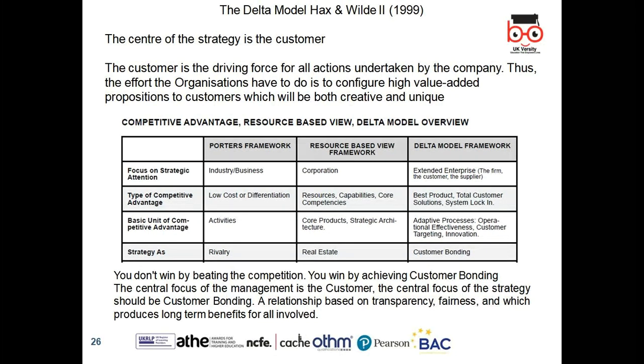But Delta says extend your enterprise: the firm, the customer, and the supplier, the best product, the total customer solutions, adaptive processes, operational effectiveness, customer targeting, and customer bonding. You don't win by beating the competition, you win by achieving the customer bond, bonding your customer, with a tight relationship and loyalty. Any question?